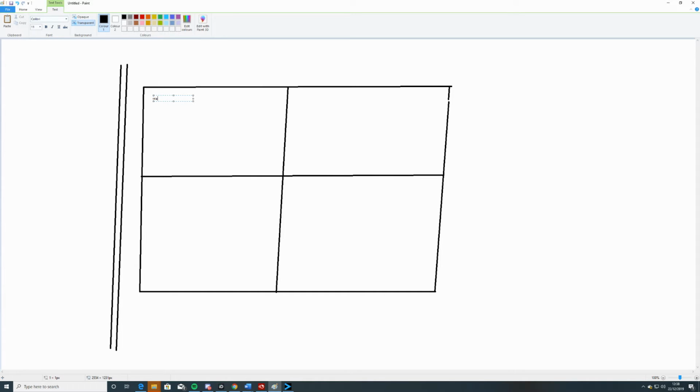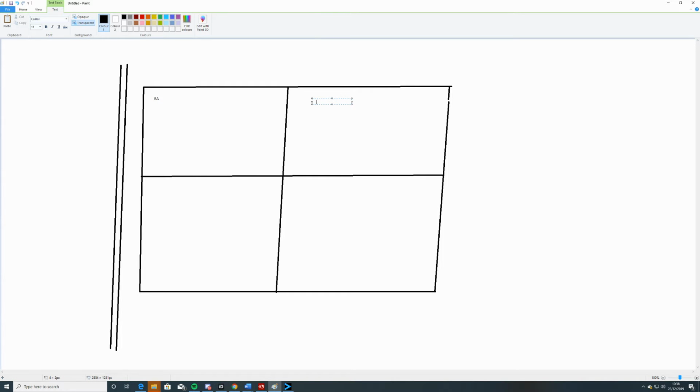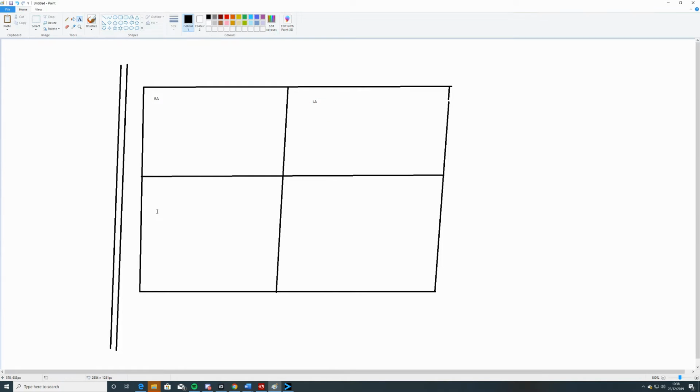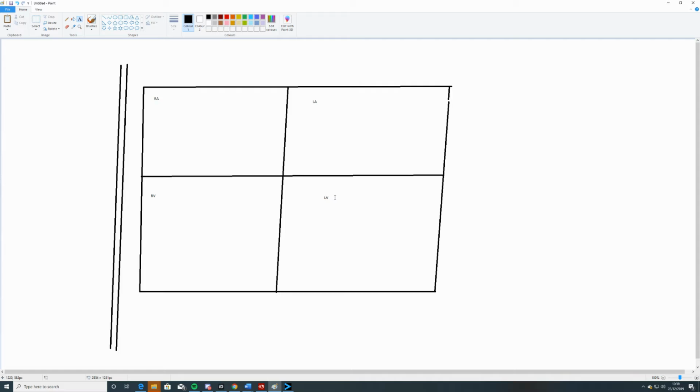So we've got the right atrium, left atrium, and we have the right ventricle and left ventricle. So just labeling them as you would see on any heart diagram.